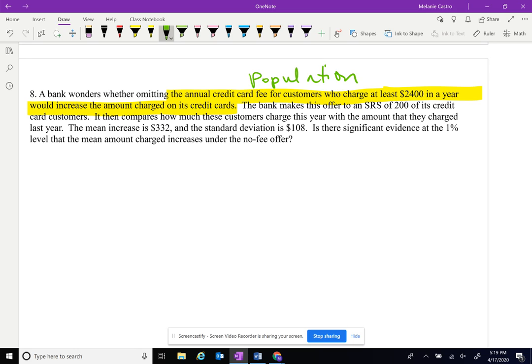So they're only looking at customers who charge that much money in a year. Okay. And then they make an offer to a group of them. And they want to see how much did it change? What was the mean increase?